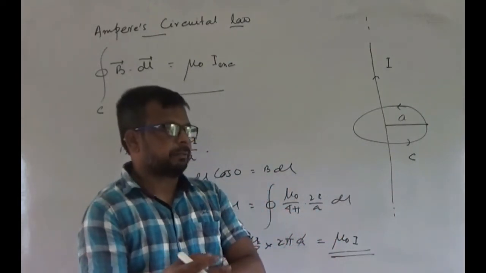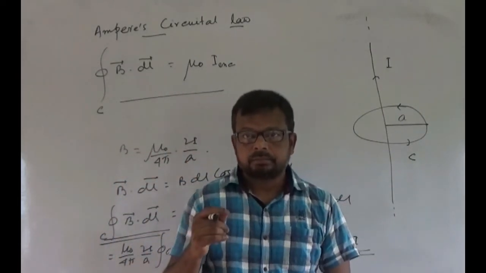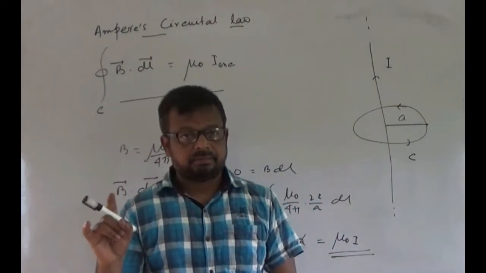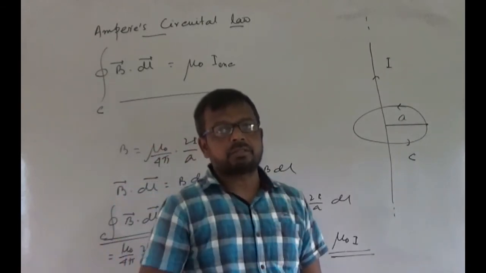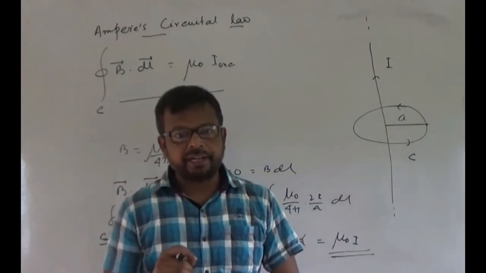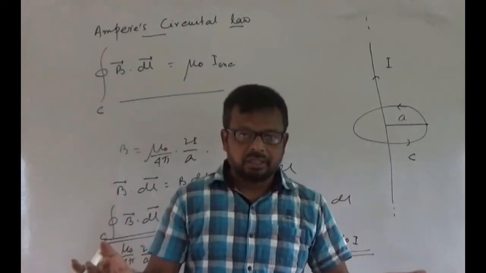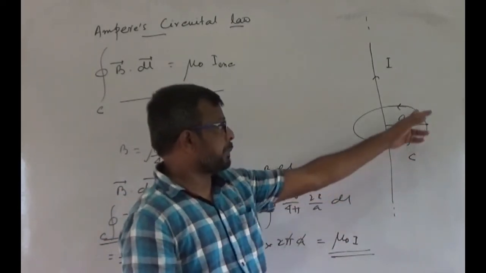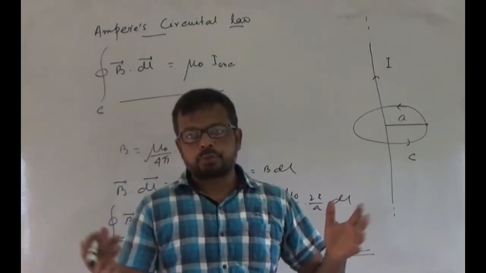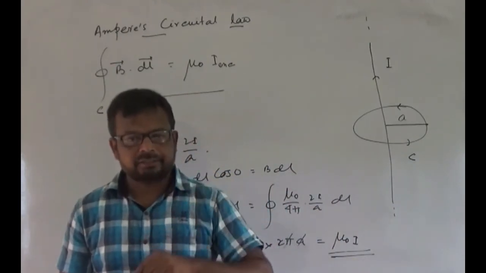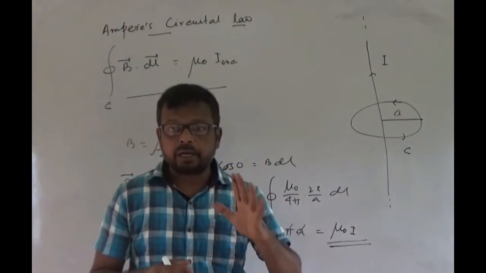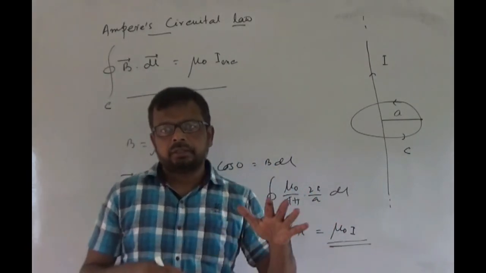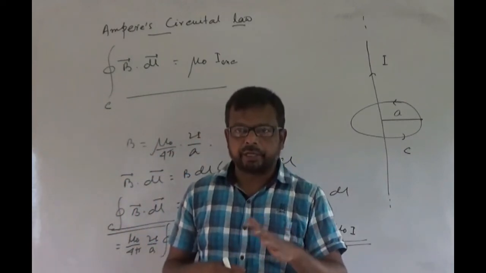At the center. But applying Ampere's law, you cannot find the magnetic field at the center of a circular coil. You cannot assume the Amperean loop, that is the closed path, because the center is a point. This is one limitation: this law cannot be used in every case or in every way.